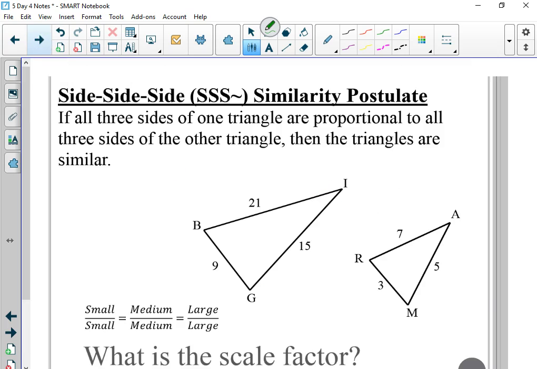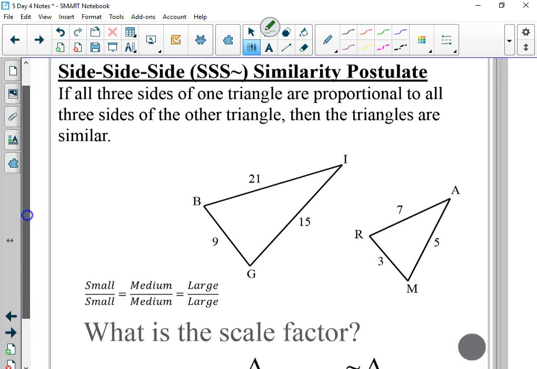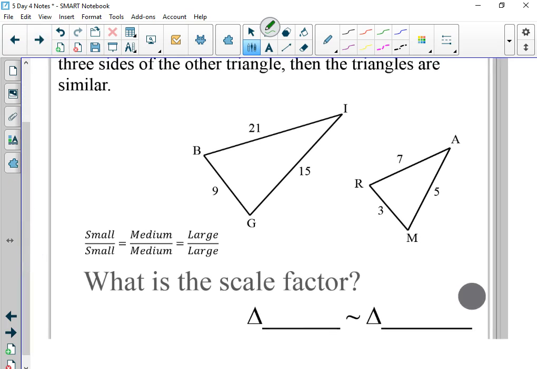Then we have the side similarity postulate. If all 3 sides of one triangle are proportional to all 3 sides of the other triangle, then they are similar. So what's the scale factor? Well, let's look at the small one. 3 to 9, 5 to 15, 7 to 21.